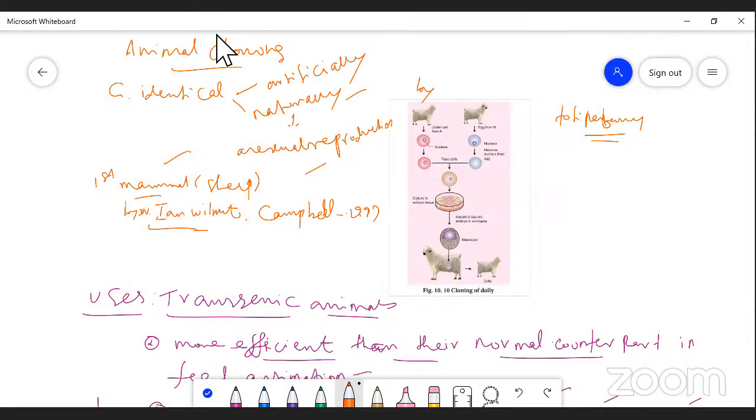In this, the mammary gland of the donor sheep is used. The mammary gland cell is also called the udder cell. The udder cell is a somatic cell, meaning a body cell.